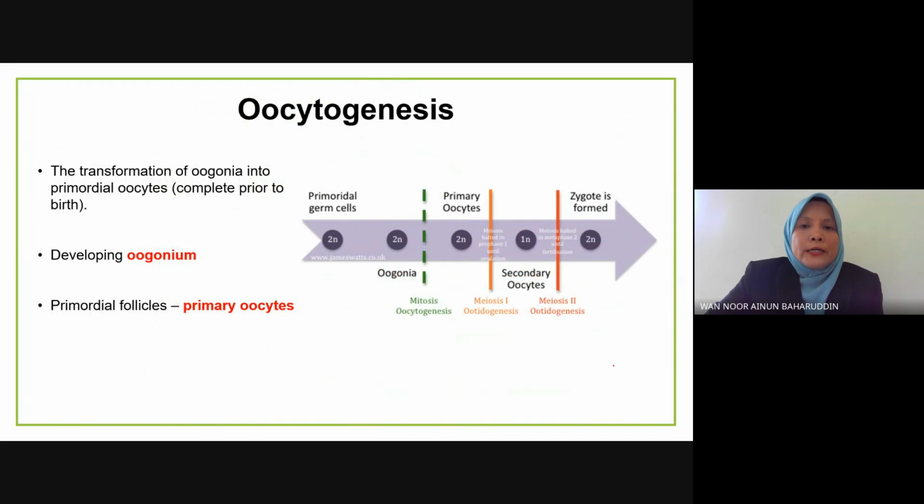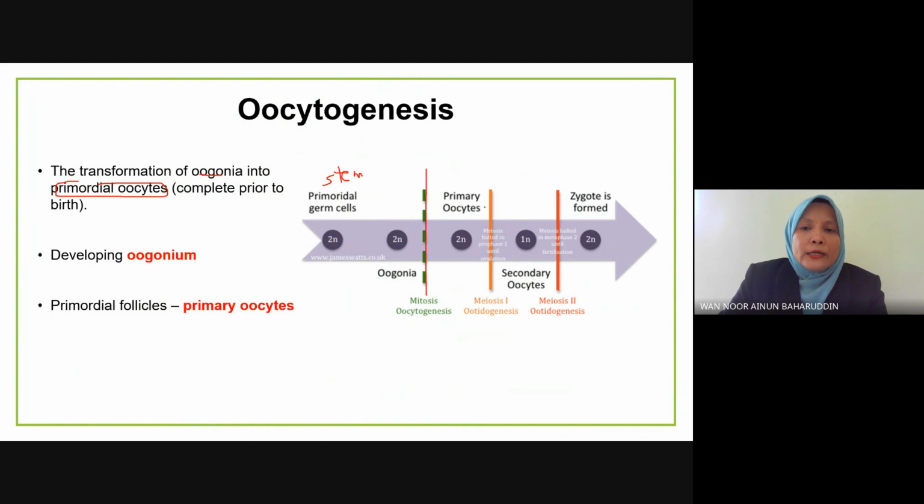We have oocytogenesis, which is the transformation of oogonia into primordial cells, completed prior to birth. The primordial germ cells develop into stem cells, which turn into oogonia. After birth this stops, and primary oocytes are there.